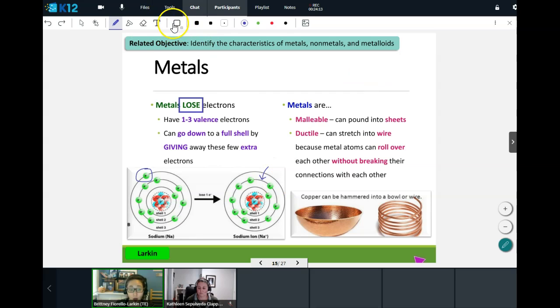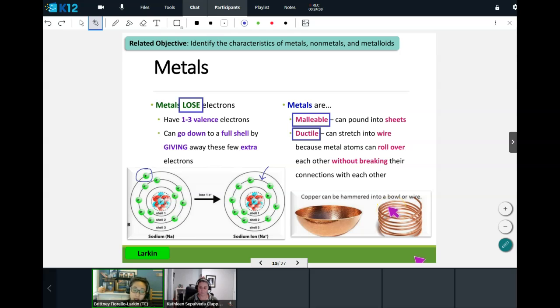Metals are also malleable, which means that you can pound them into sheets. And they're also ductile, which means that you can stretch them into wires. So metals have really important properties that allow them to be used in everyday life. For example, malleable copper can be used as a bowl, and when you stretch it into a wire, it can also be used for the wiring in your house.